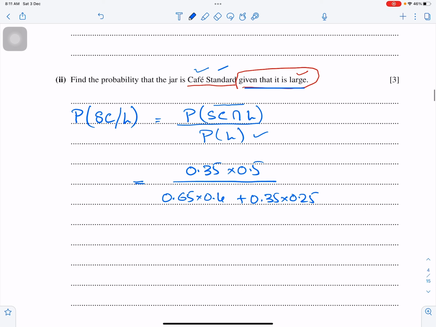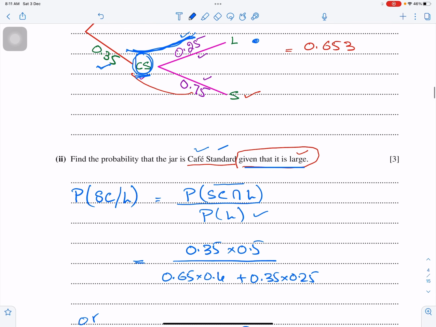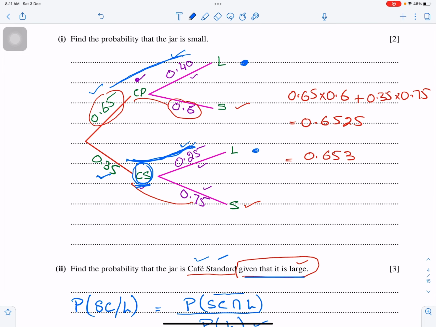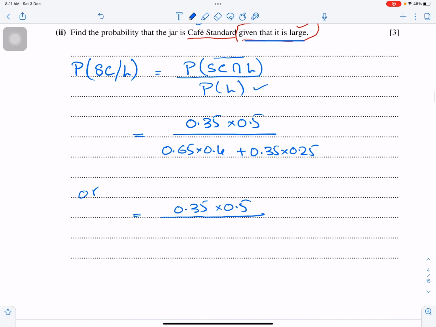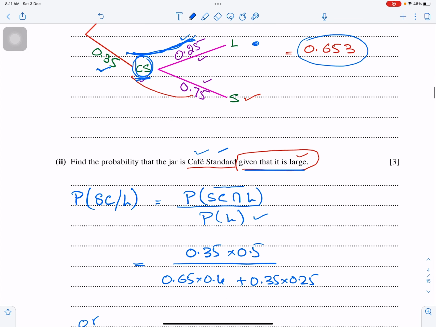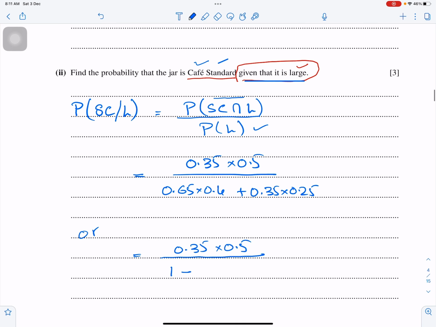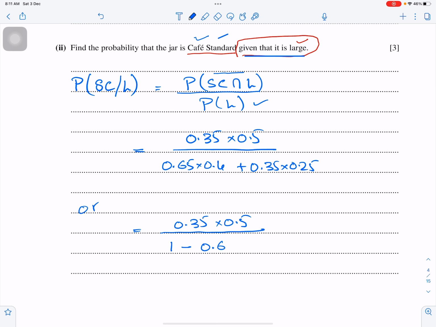The other way I was talking about is, the numerator is fine, which is 0.35 into 0.25. For the denominator, in part 1, this was the probability of selecting a small jar, right? So if I'm talking about large, it means I can do 1 minus the probability of small, which is 0.6525.